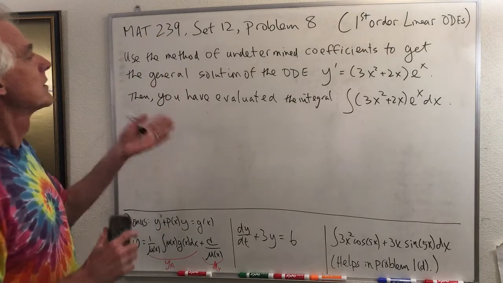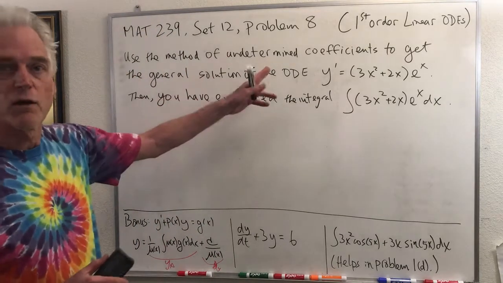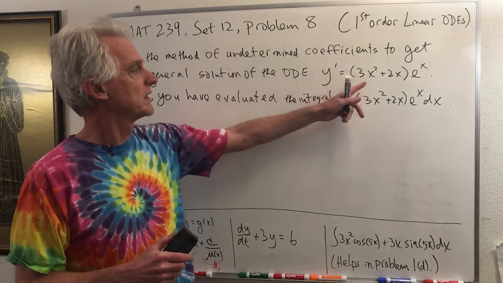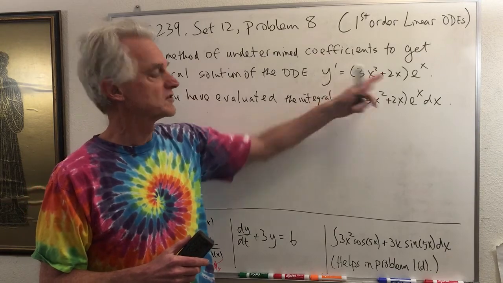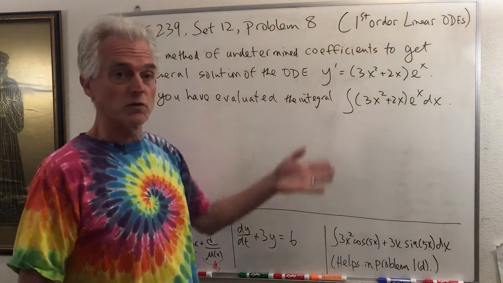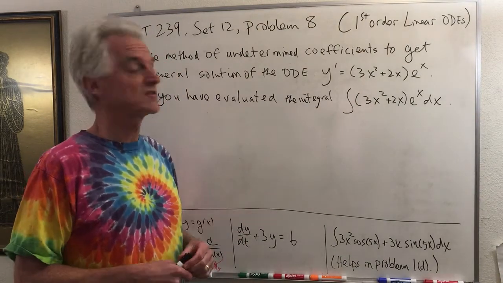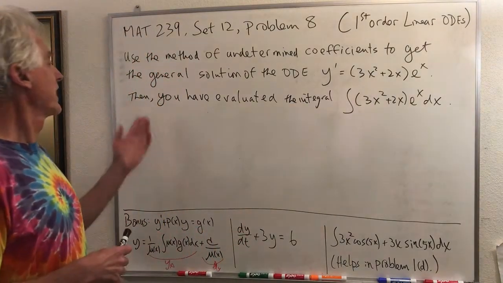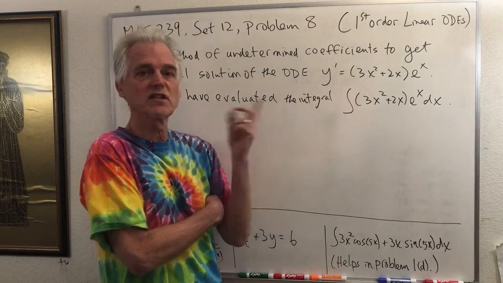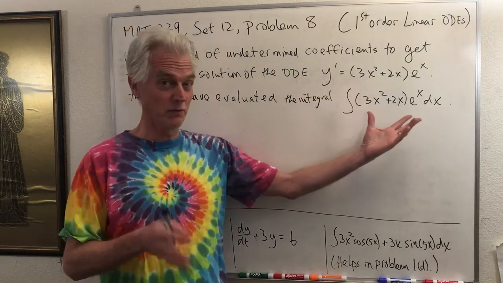So they say use a method of undetermined coefficients to get the general solution of the ODE. Y prime is 3x squared plus 2x e to the x. All right, so it's a first order, non-homogeneous, linear ODE. And you notice that this is really asking the question, do this integral, right? What does this integral mean?